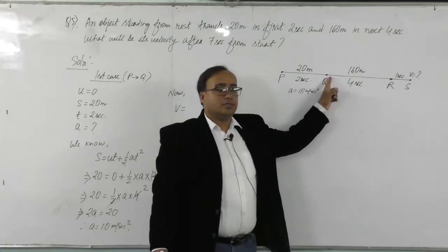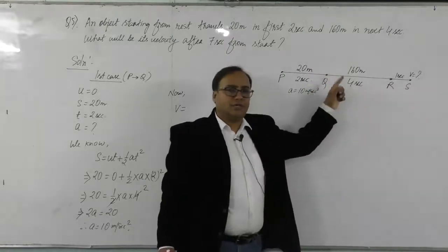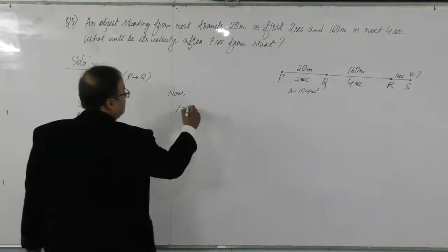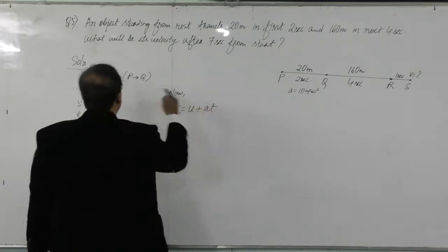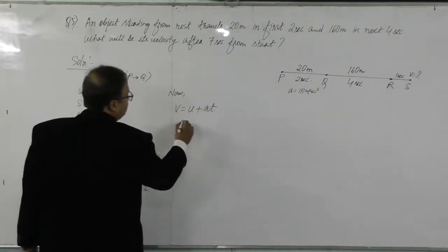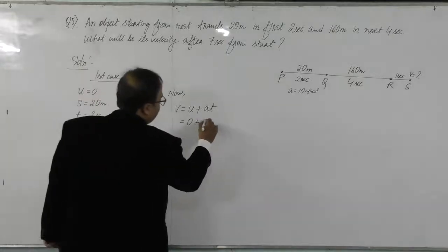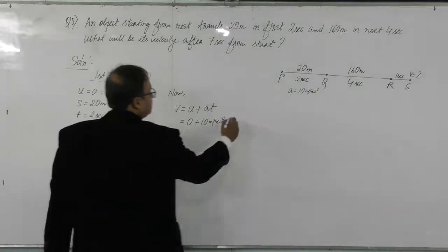The final velocity at Q will be the initial velocity for QR. So V equals U plus AT for P to Q. U is 0, acceleration we have calculated is 10 meter per second square and time is 2 seconds.